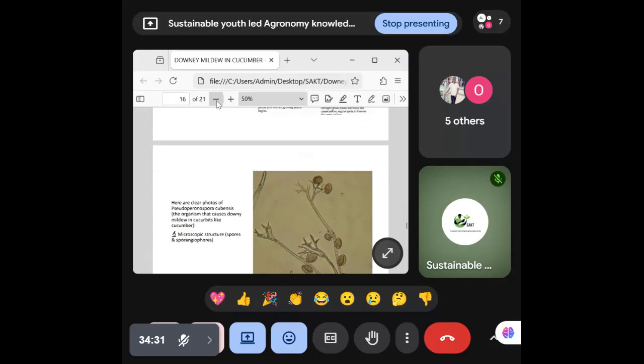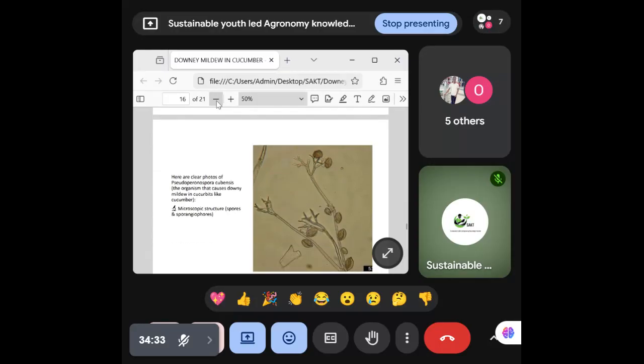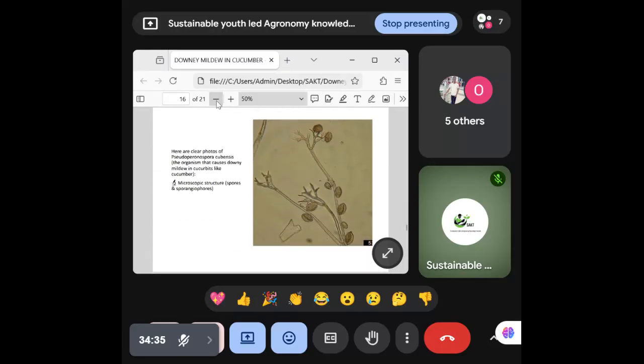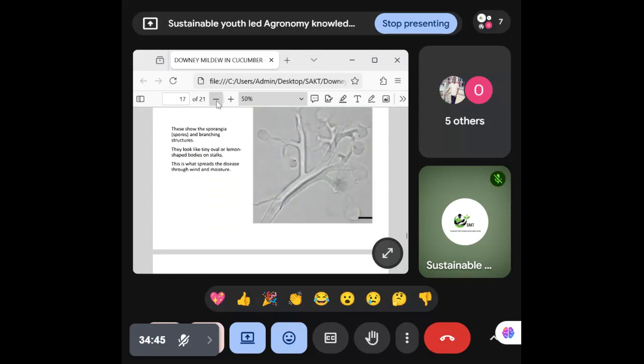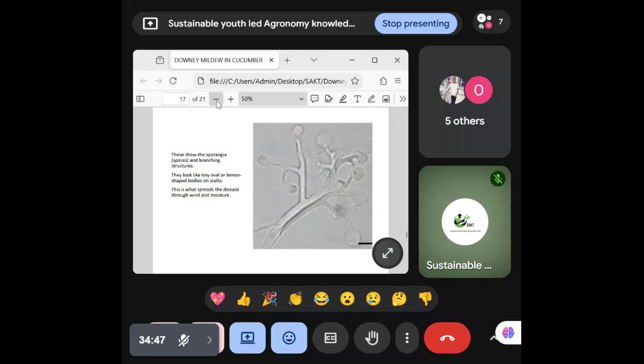So this is how the pathogen looks under the microscope. Next slide, please. I think this one shows it better. This shows the sporangia and branching structure.